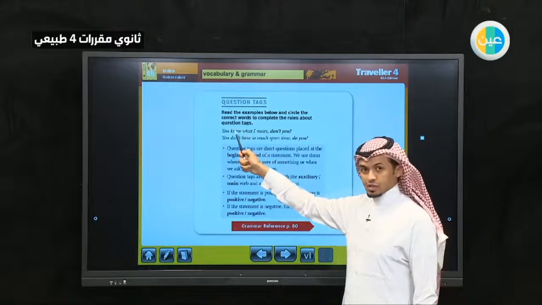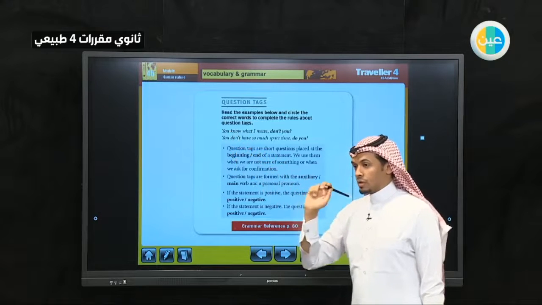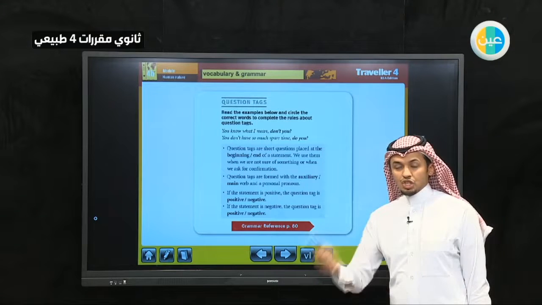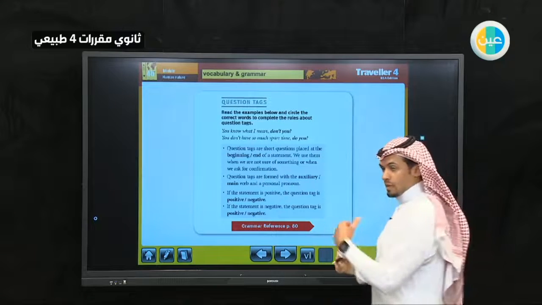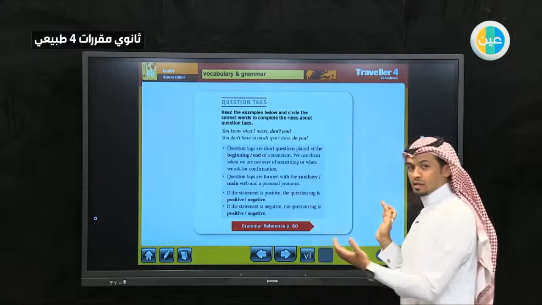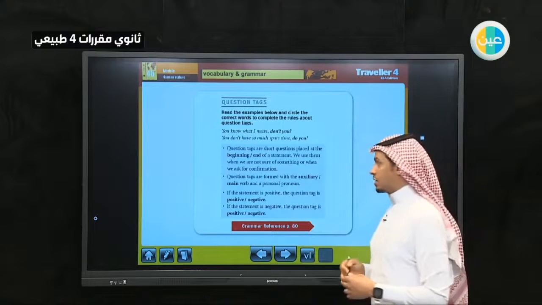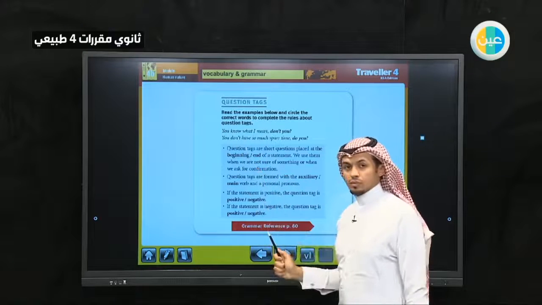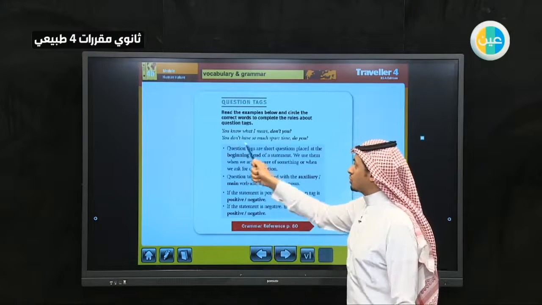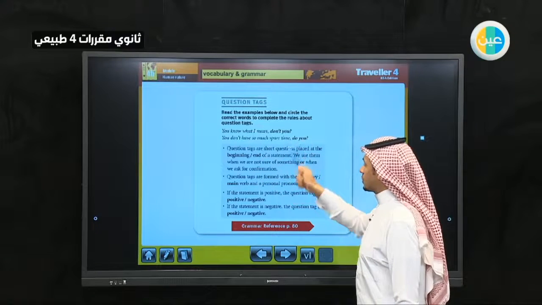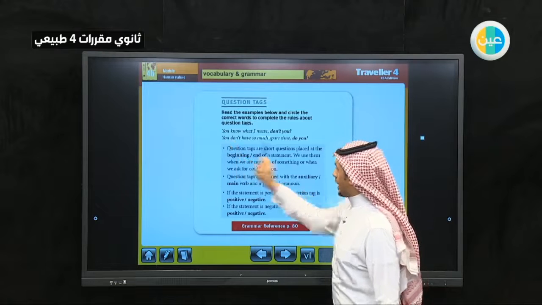If it's negative, so this car is not beautiful, is she? I have the negative in the first part, but in the question tag I have it affirmative. You don't have so much spare time. Do you? So I have do and you.